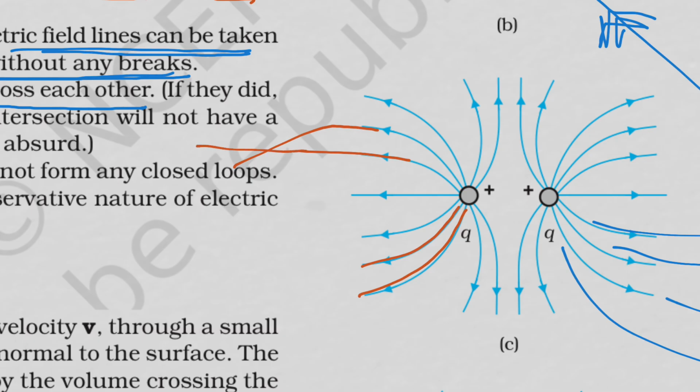Why? Because a field line at a particular point gives a particular direction of the electric field. If they cross each other, then at the same point, the tangent of this field line will give one direction, and the tangent of the other field line will give another direction. At the same point, there cannot be two directions of the electric field.